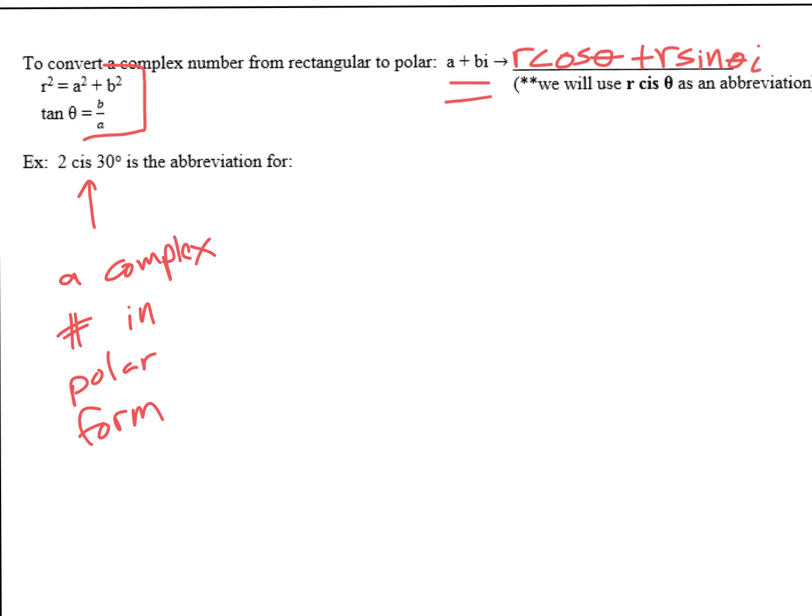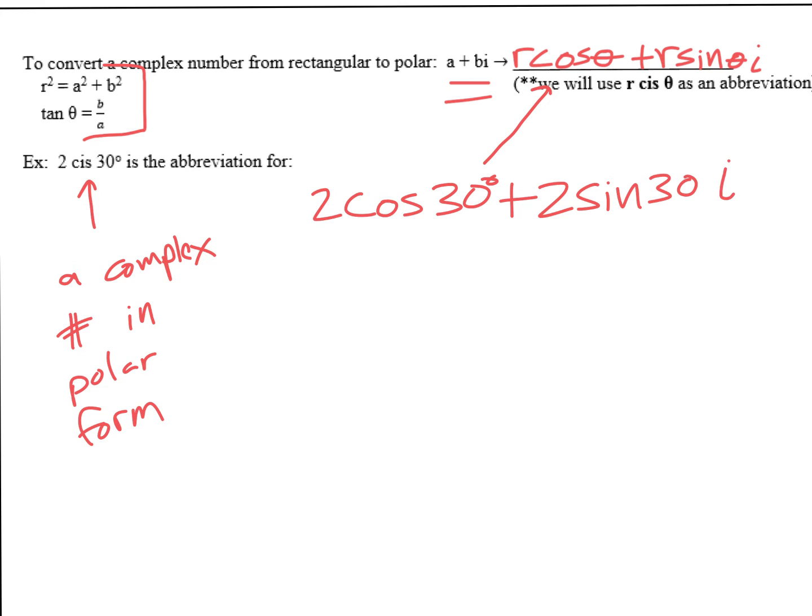Okay, here's where that's coming from. It's an abbreviation. If we were to write out the complex number in this form, we would have 2, because that's r, cosine 30 plus 2 sine 30, and that part goes with i.